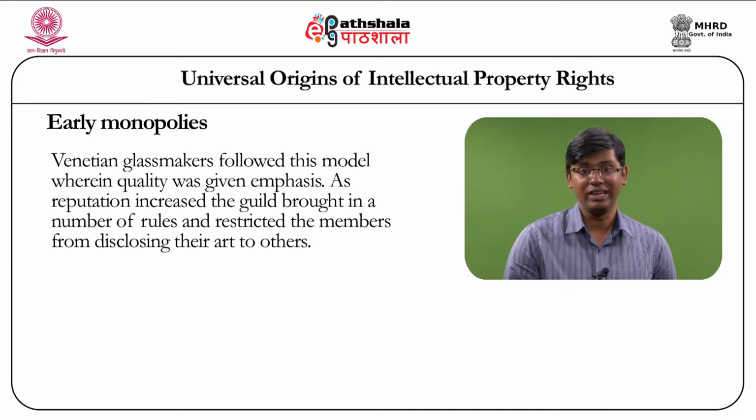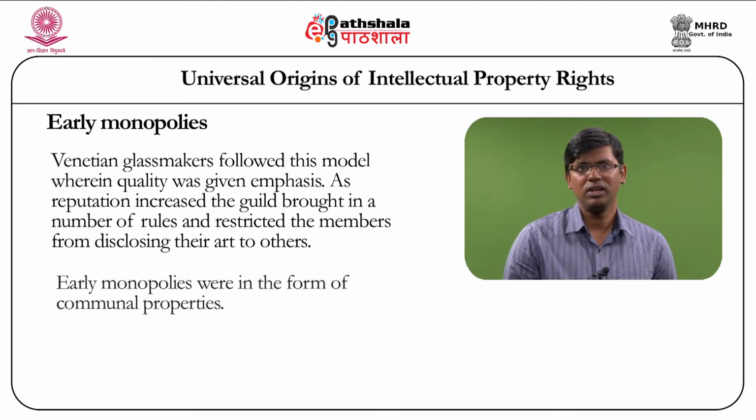As reputation increased, the guild brought in a number of rules and restricted the members from disclosing the art to others, largely because you didn't have a system of protecting the technology as such. So early monopolies, as you could see, were not necessarily meant to protect individual innovations. Largely they were meant to protect communal properties like that of the guilds.